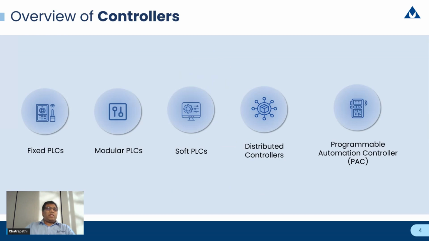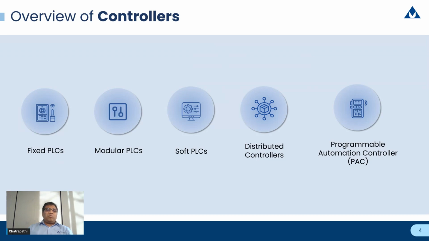So looking at controllers, there are different types of controllers: fixed PLCs, modular PLCs, soft PLCs, controllers which are part of distributed control systems, and EPACs as well. Fixed PLCs are very compact.